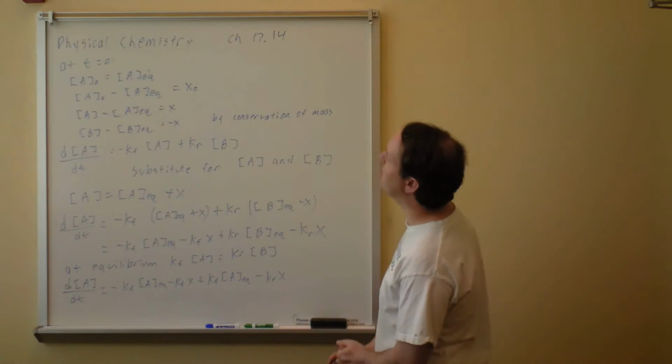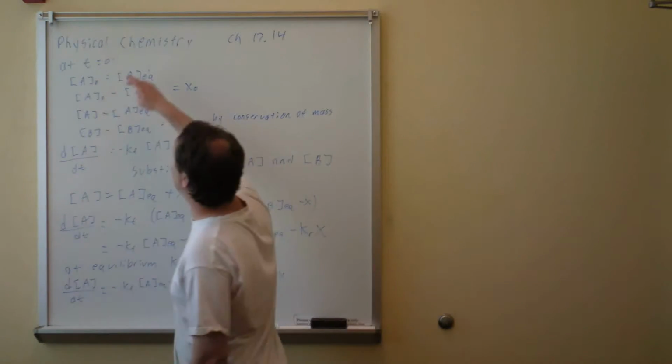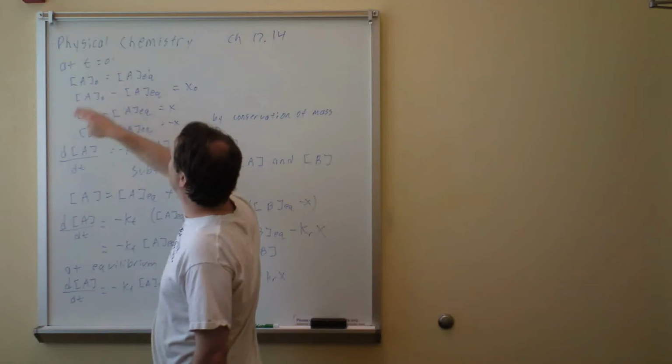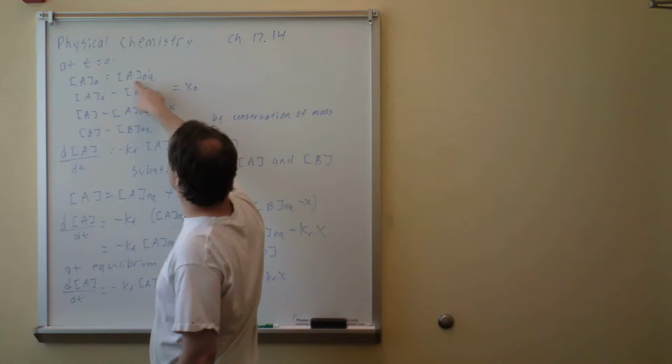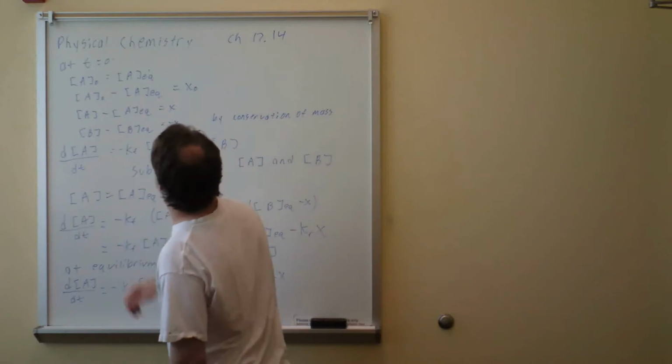Now in physical chemistry, chapter 17, section 4. So at time equals 0, we have the initial concentration of A, 0, is equal to the concentration of A at equilibrium prime.